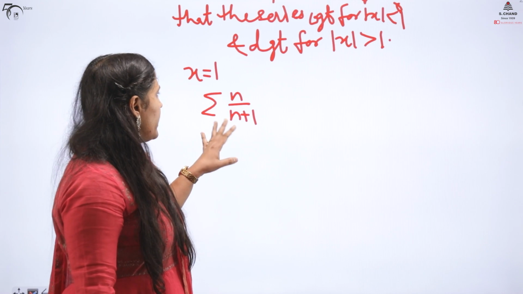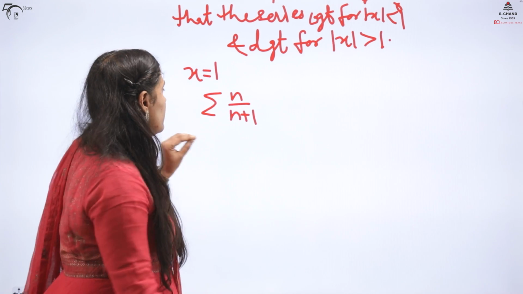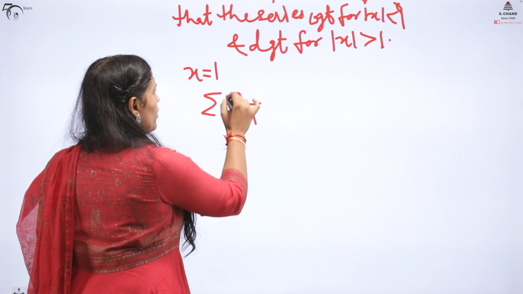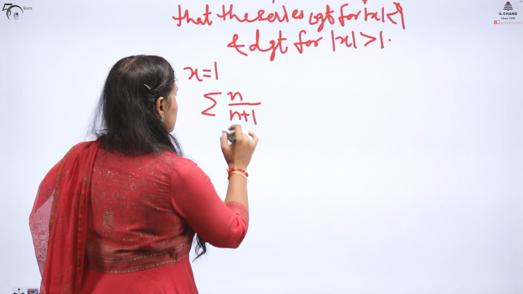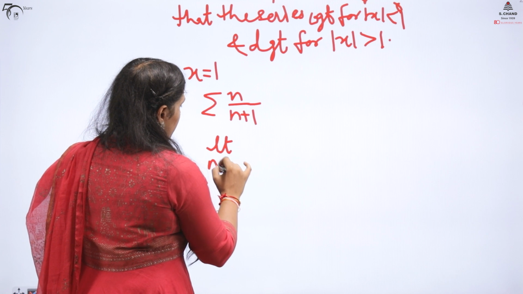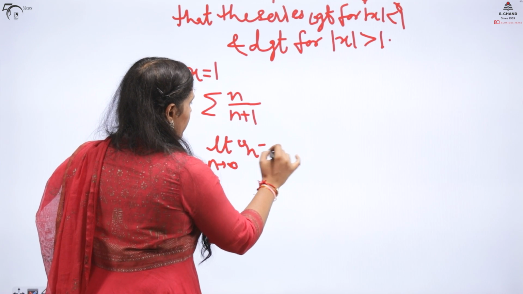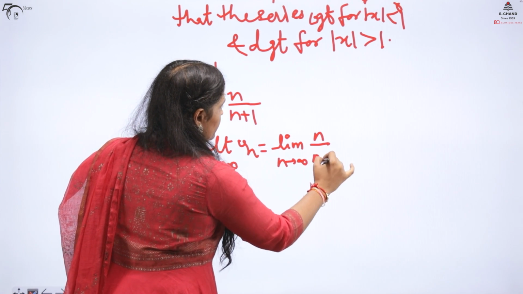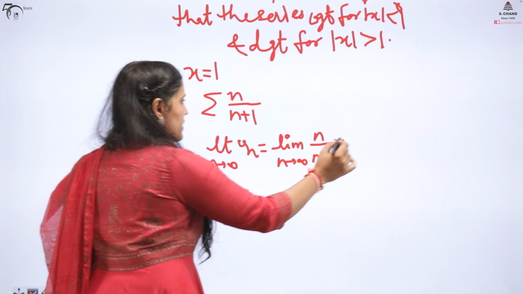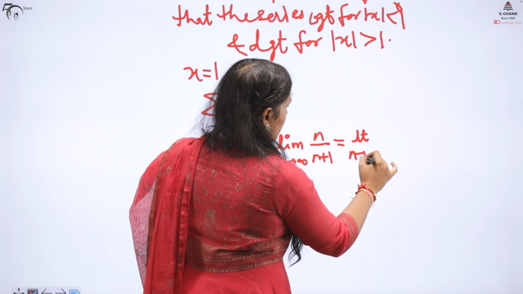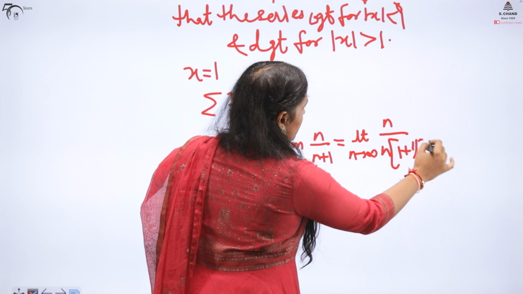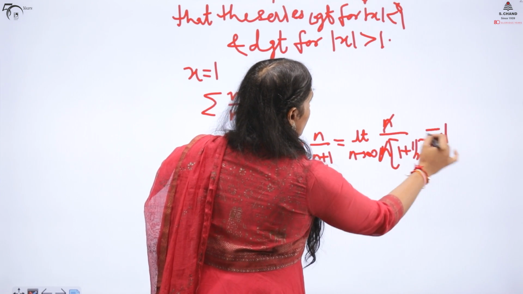I am not applying any test here because I have one important result which I did in the beginning when I defined the series, that was just check the limit of un only. The limit of un when you are checking, it is basically coming out to be n, then n 1 plus 1 by n cancels 1.